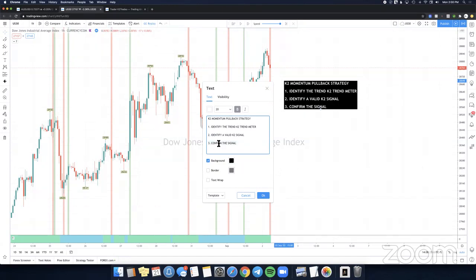Actually, let me just change this right here. Identify a valid opposite K2 signal. And then third, enter on the low or high of the candle. And I think that's about it. After that, you're going to put your stop loss at the previous swing.